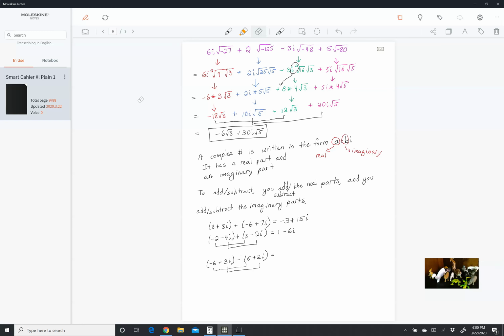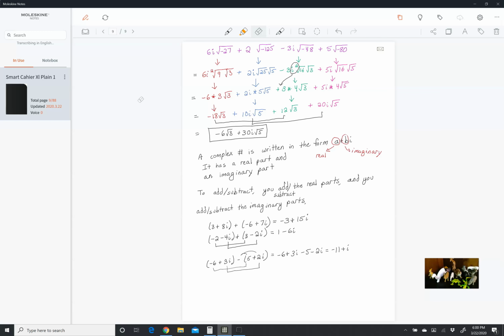Or, so you don't have to do this if you don't want to, you can distribute the negative to the second set of parentheses. And if you're somebody who's going to forget to subtract the imaginaries, and instead you're adding them on a regular basis, then I recommend that you do it the second way, where you're distributing the negative. And then you're just combining like terms. So negative 6 minus 5 is negative 11, and 3i minus 2i is plus i.